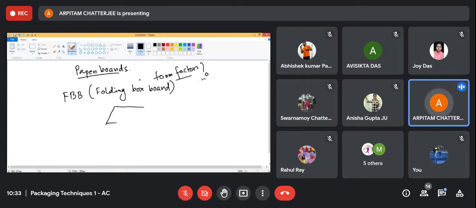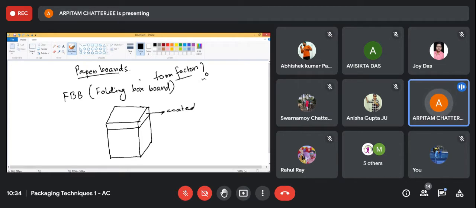This is the top layer, and the top layer is generally having different treatments. Okay, I will tell that afterward, but just remember the top layer, the layer which gets printed, needs some further treatments to make it printable.